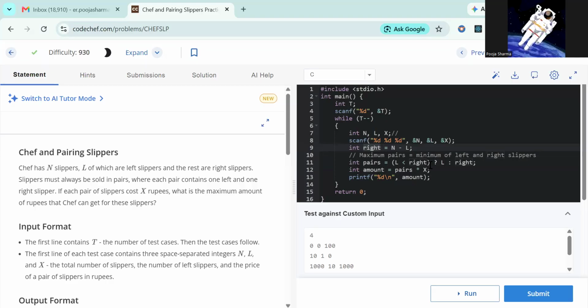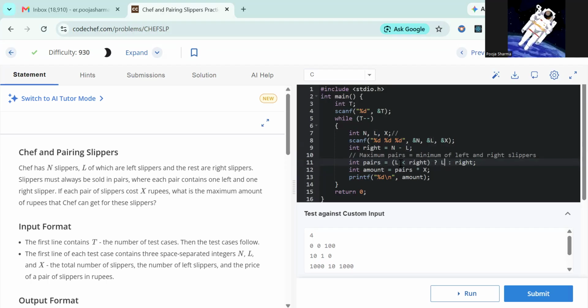How to find out how many maximum pairs I can have? Minimum of this. So here, if the left is smaller than right, right? So this is your conditional statement, question mark. If it's true, it will go with left. If it's false, it will go with right. Simple logic. To reduce the complexity, we use these types of logics. So integer pair: if the value of left is smaller than that of right, go with the left.